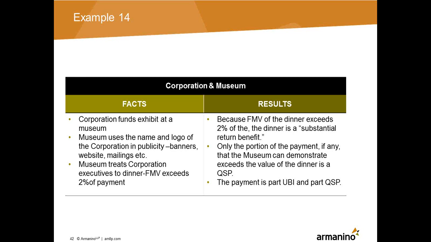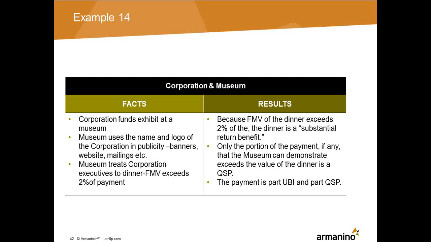In addition, the museum treats the corporation's executives to dinner. And the fair market value of that dinner exceeds 2% of the payment that the corporation made to the museum. Because that fair market value exceeded the 2%, that dinner creates a substantial return benefit.